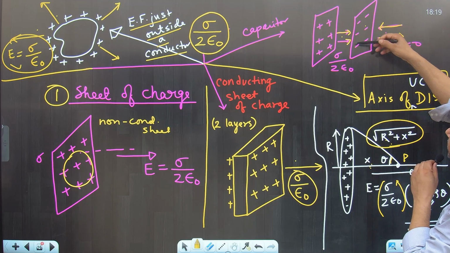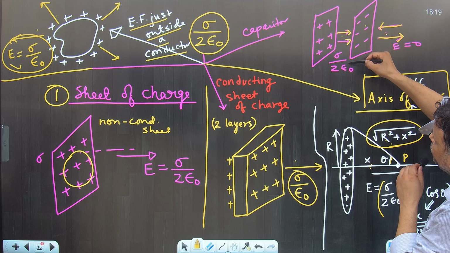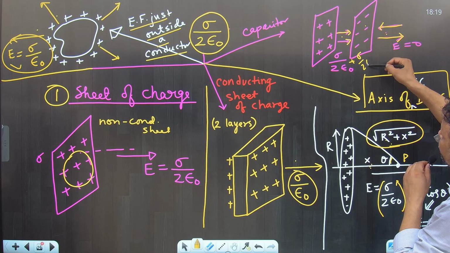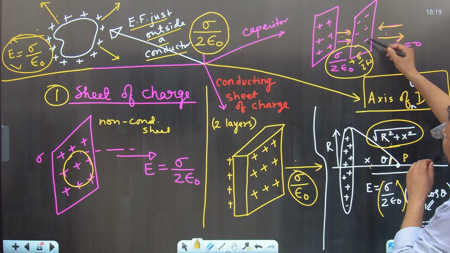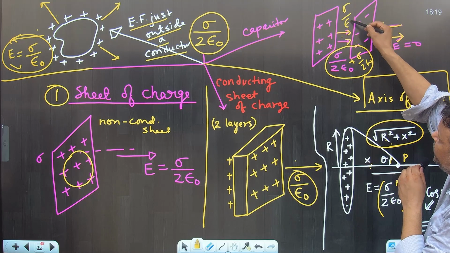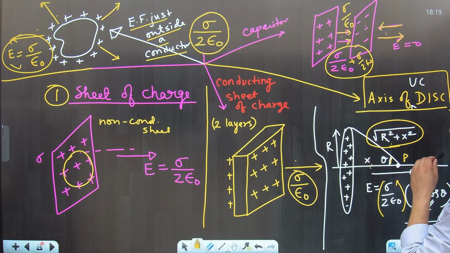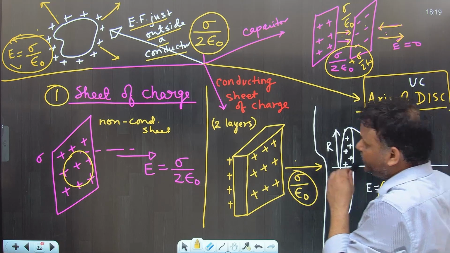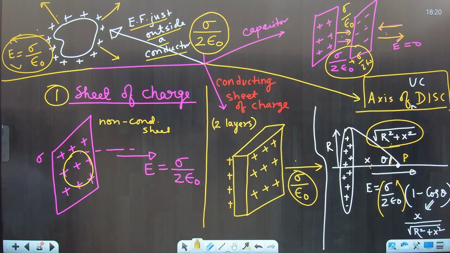So you will get sigma by 2 epsilon plus sigma by 2 epsilon. So these two will give you sigma by epsilon. So electric field inside the capacitor plate is sigma by epsilon, right? So this is very important to understand. The value of sigma by 2 epsilon 0 comes at 5 places in physics, right? So we will discuss the next.